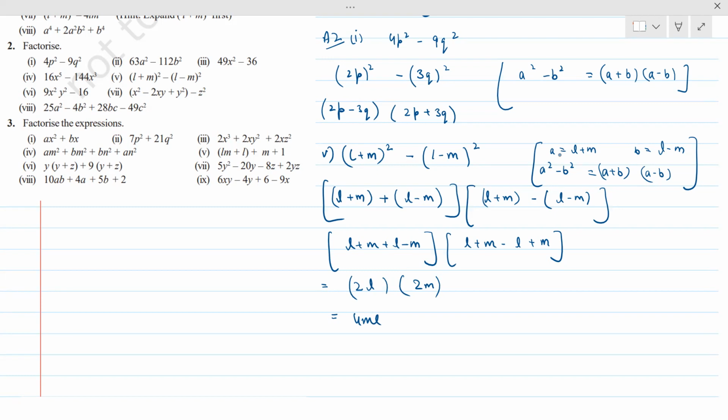Okay. Coming to the next from second question, let's take the seventh part. For the sixth, you can again do 3xy whole square minus 4 square, a square minus b square. For this also you can do it like that, 12 and 4 square. For this you can do, now 7. X square minus 2xy plus y square minus z square. This is the identity which is x minus y whole square.